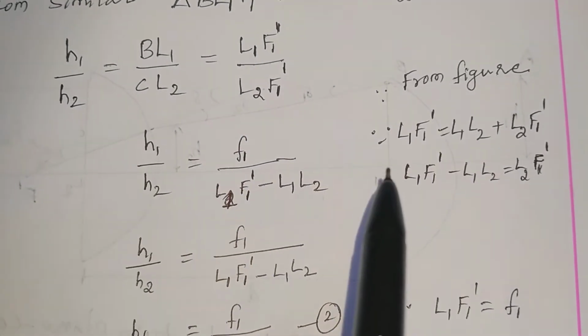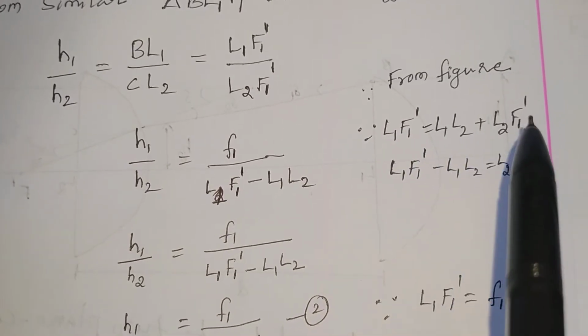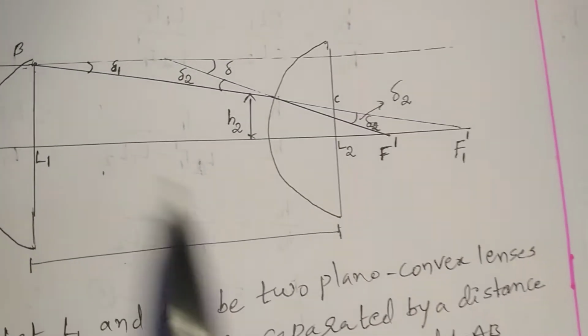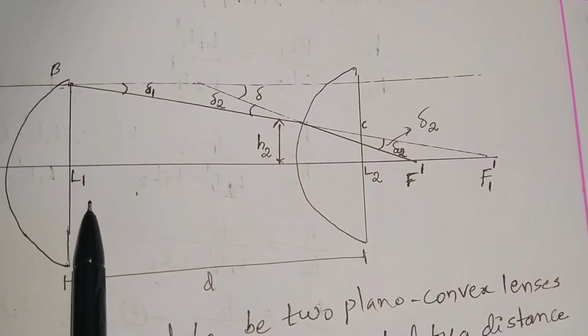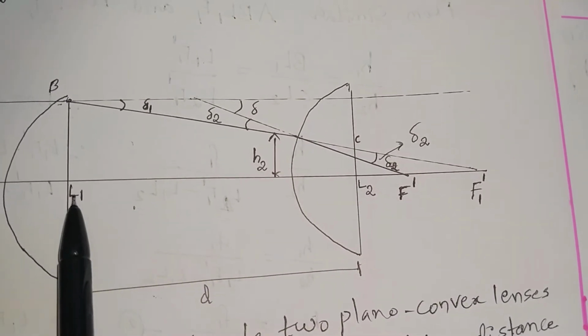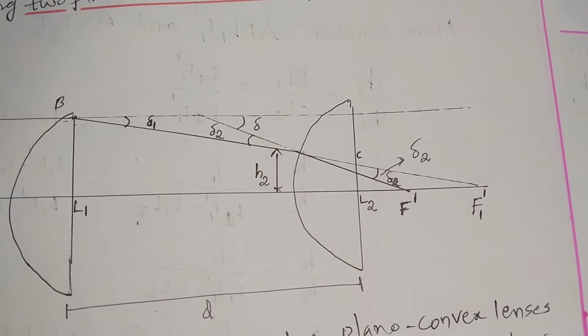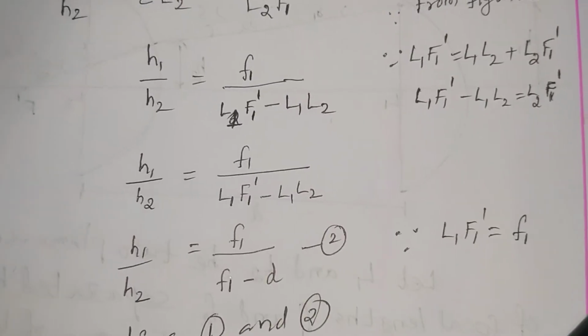From the figure, L1f1 dash is equal to L1L2 plus L2f1 dash. So L2f1 dash is equal to L1f1 dash minus L1L2.